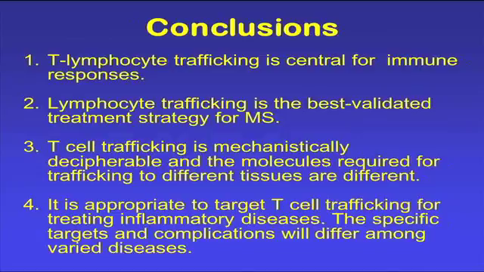And when we know those molecules, we realize that trafficking to different tissues is different, and that we can block migration to one tissue without damaging the ability of T cells to carry out their missions in other tissues. And so, in conclusion, it's reasonable to say that it's appropriate to target T-cell trafficking to treat inflammatory disease. The specific targets and complications obviously will differ among varied diseases.